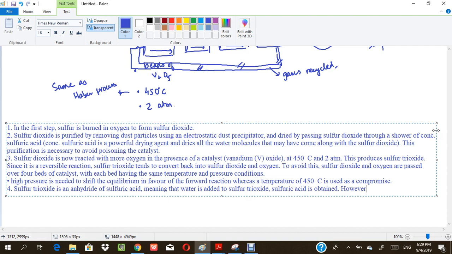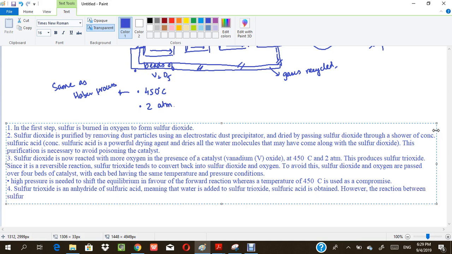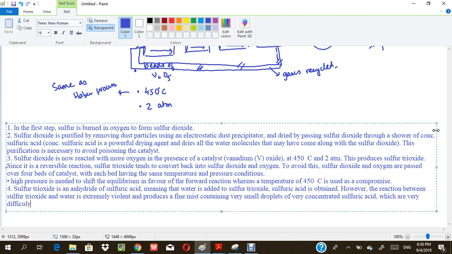However, the reaction between sulfur trioxide and water is extremely violent and produces a fine mist containing very small droplets of very concentrated sulfuric acid, which are very difficult to deal with.